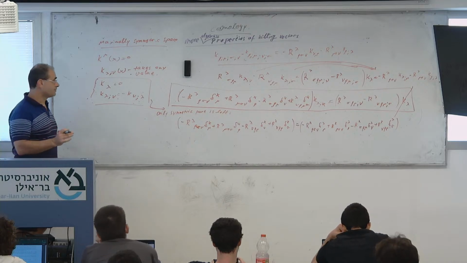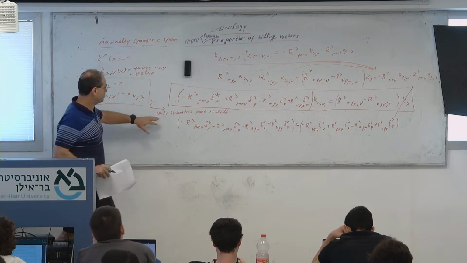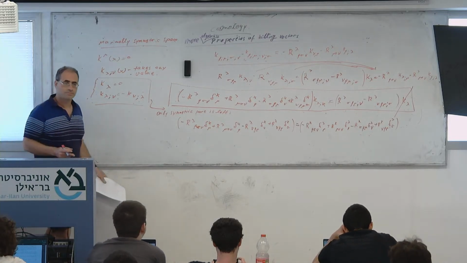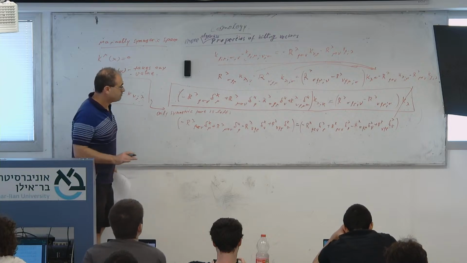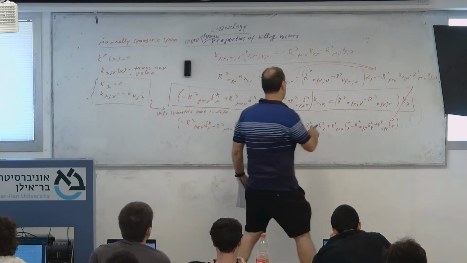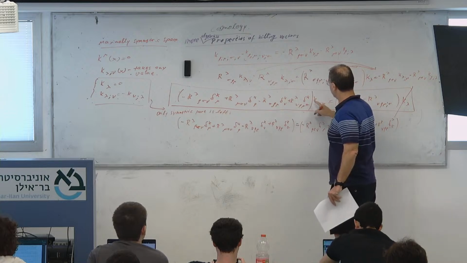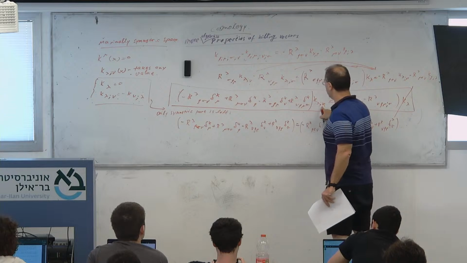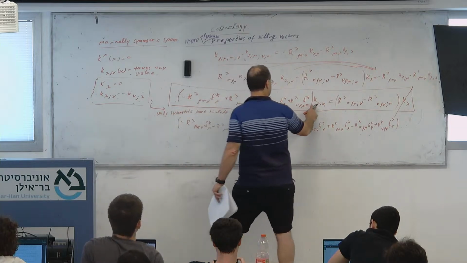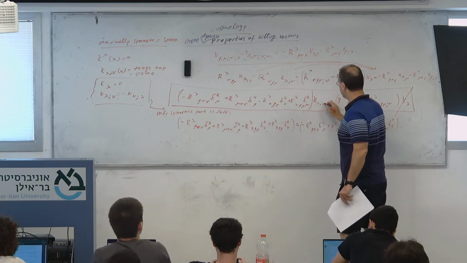Think of it in terms of matrices. Lambda and kappa are both dummies. Essentially this is what multiplies k lambda kappa.